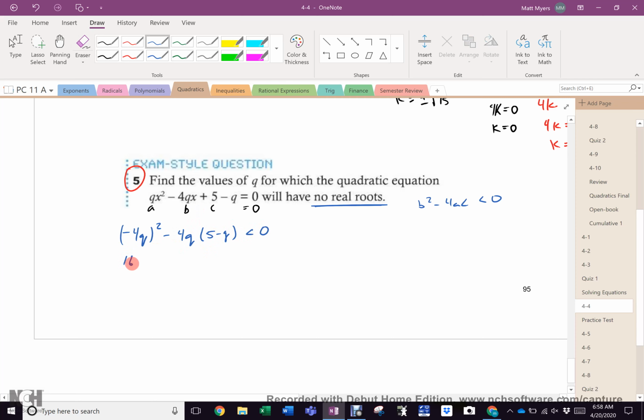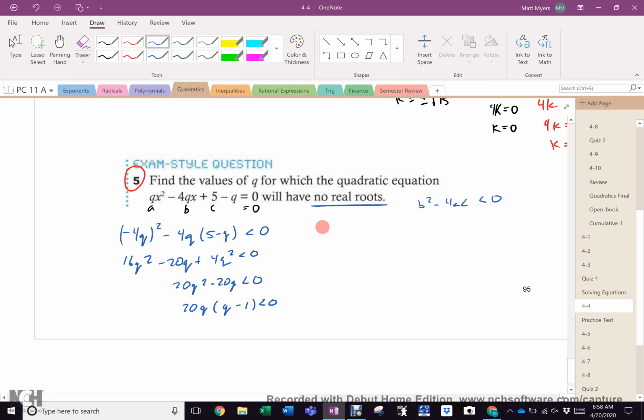So that is 16q squared minus 20q plus 4q squared has to be less than 0. 16q squared plus 4q squared, 20q squared, minus 20q has to be less than 0. Factor out the 20q, q minus 1 has to be less than 0.